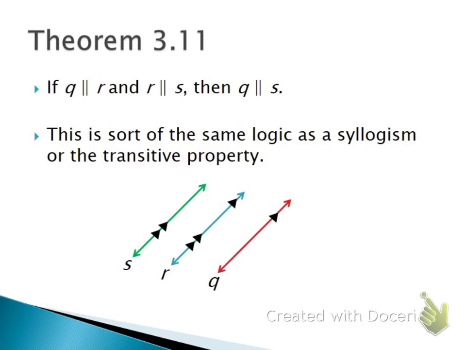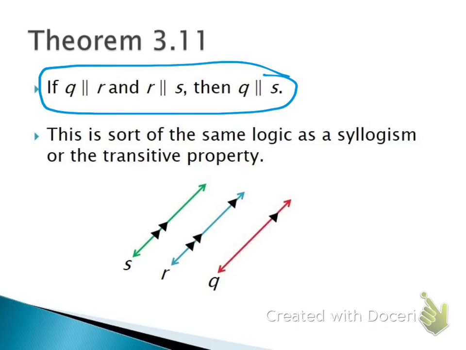So this is the shortened version of stating that theorem, right up here. This is the theorem that we need for theorem 3.11. If Q is parallel to R and R is parallel to S, then Q is parallel to S. This is the same logic as syllogism, or it should look similar to the transitive property.